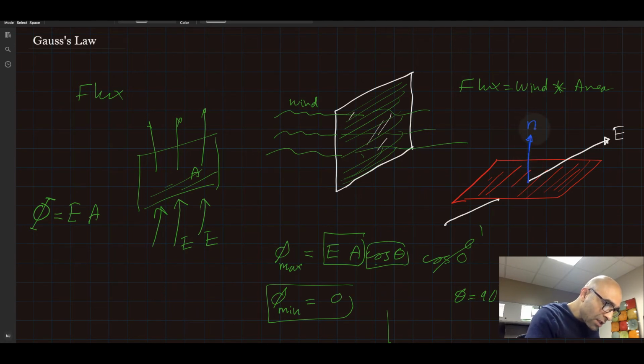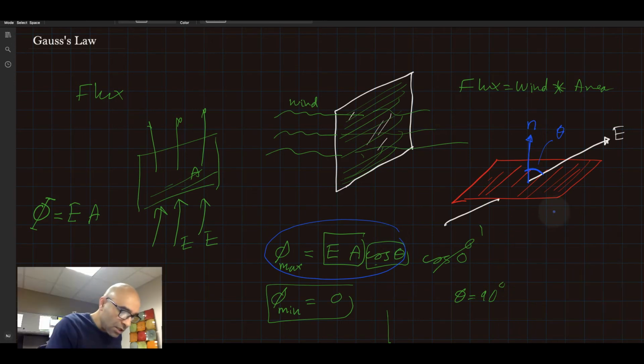So I'm going to call this n for normal. This angle here, which is the angle between the electric field direction and the direction of the surface area, I'm going to call theta. So if I want to generalize this equation for the flux, I can write that the flux is equal to EA cosine theta. Okay? So that's a primary equation for the flux.